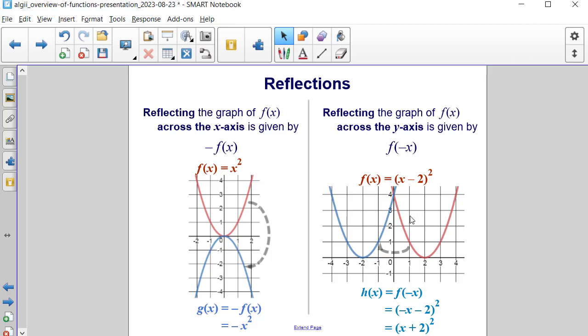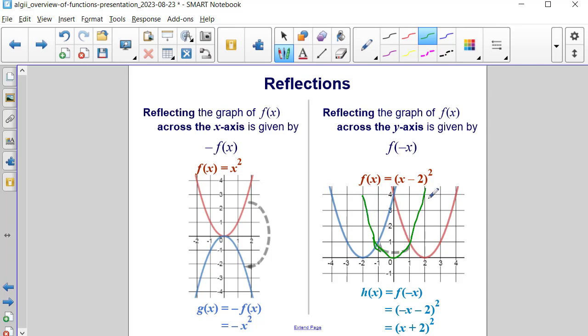And this is occurring because when you flip the graph of x minus 2 raised to the second power over the y-axis, you'll get the same graph that could have also been found by translating the parent function, I should say, x squared. If we started off with x squared, you could also get this blue graph by translating this green one 2 units to the left, which is x plus 2 quantity squared.